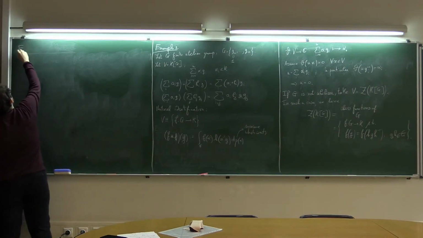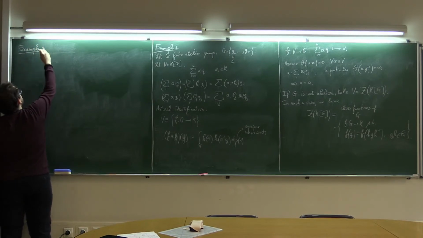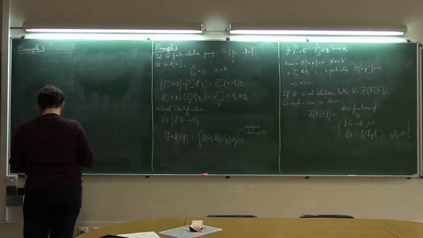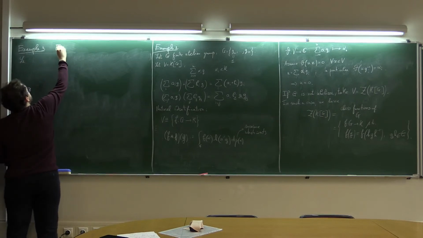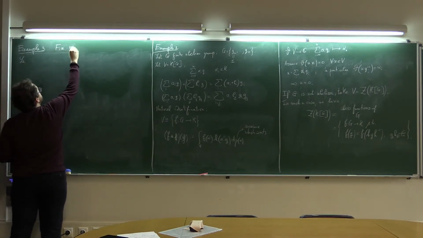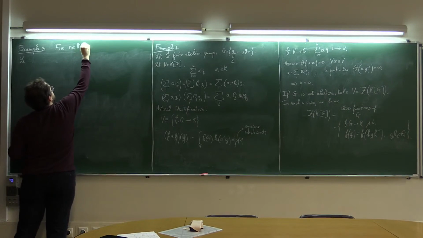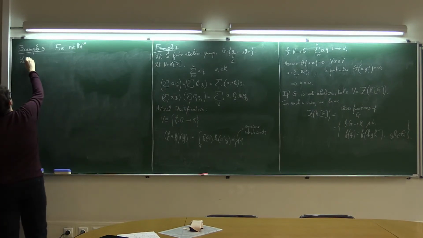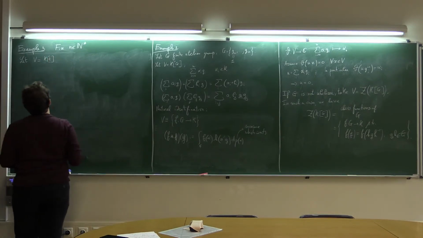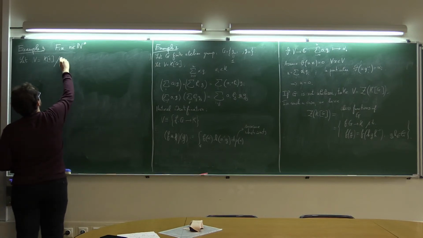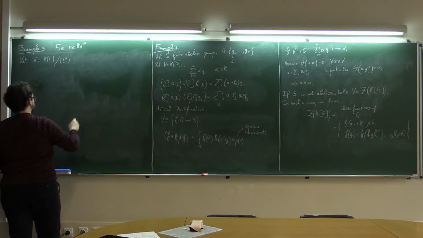So, example 3 is the following. Fix a natural number n in N star and let V be the quotient of a polynomial ring in one indeterminate t modulo t to the power n.